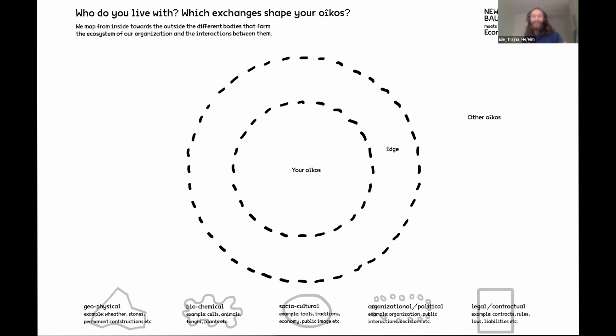There could be more, but we're gonna distinguish the bodies as either geophysical, biochemical, sociocultural, organizational, political, or legal, contractual. To understand what do they perceive, how do they communicate, and then using these shapes, these outlines, we're gonna understand also how do they relate, all these bodies in the circle, to each other. Maybe we can go directly to the example because it will make more sense.